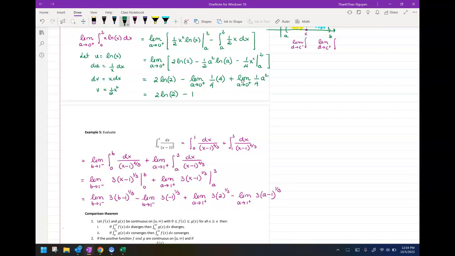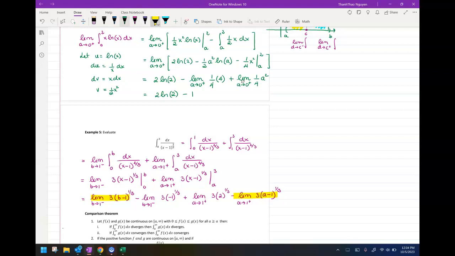So here we can see that the limit as b approaches 1 from the left of 3 times (b minus 1) to the 1/3, minus the limit as a approaches 1 from the right of 3 times (a minus 1) to the 1/3, will equal 0.